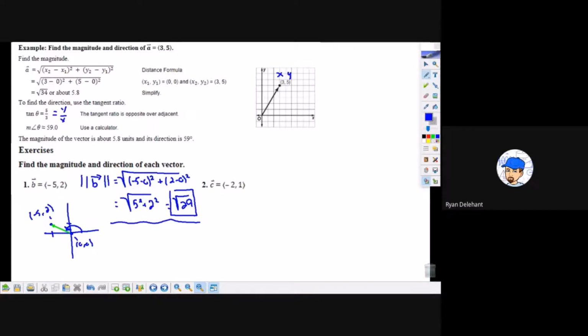That's what tangent is equal to. Okay? So our y is 2, our x is -5. So to set ours up, we're going to go tangent of theta, the angle we're going to find right here. It's going to be 2 over -5.